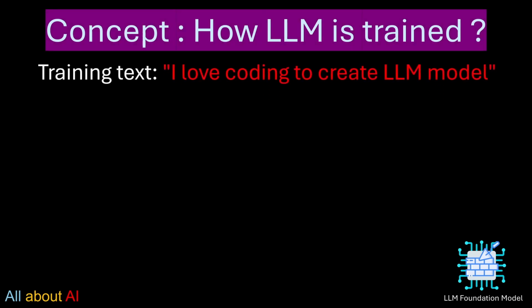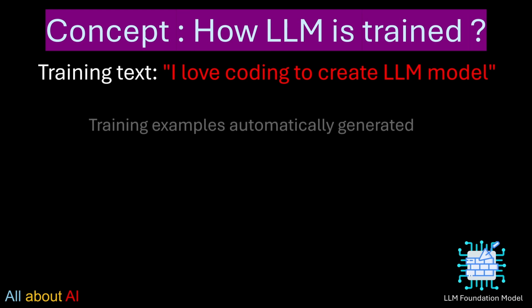Now, how is an LLM trained? Suppose I have a training text: "I love coding to create LLM model." There won't be any explicit human labeling to tell the model. Rather, at the time of pre-processing, the model itself will create its target words or data based on previous words, or using a technique called masking. The first way is to predict the next word.